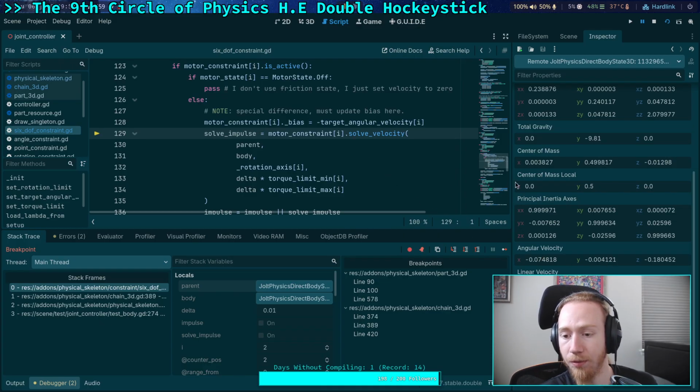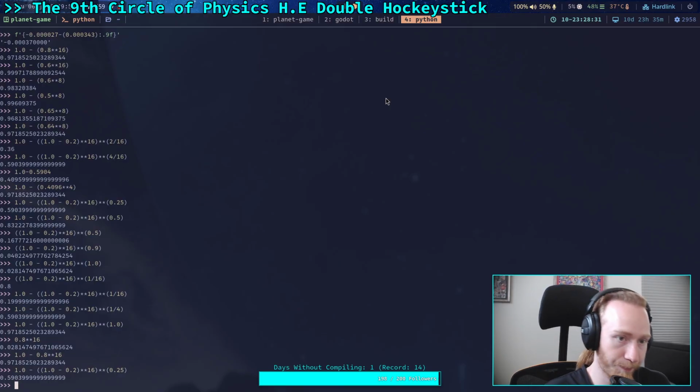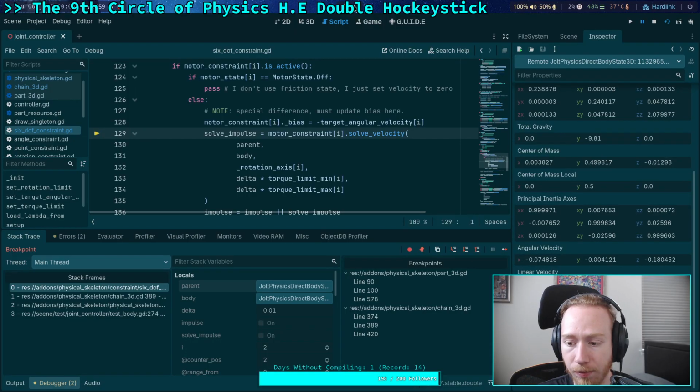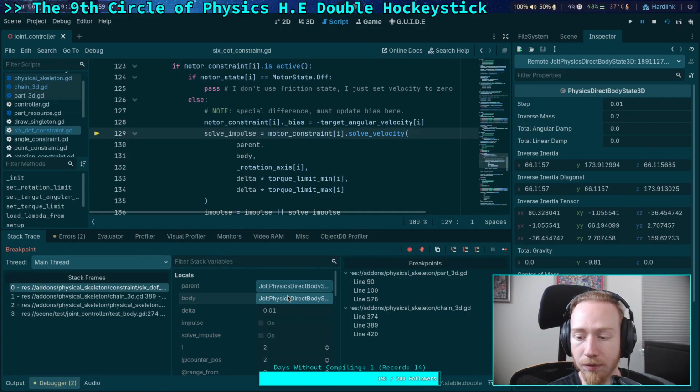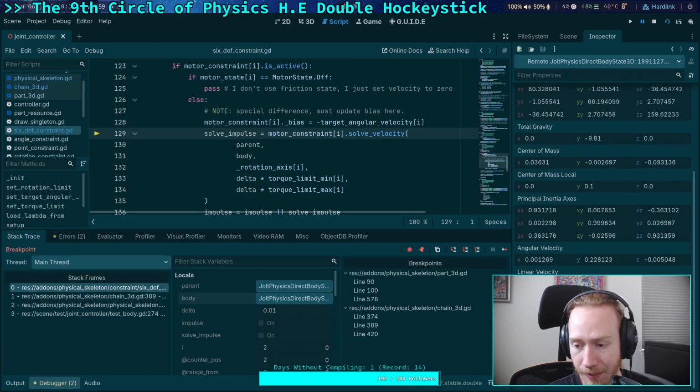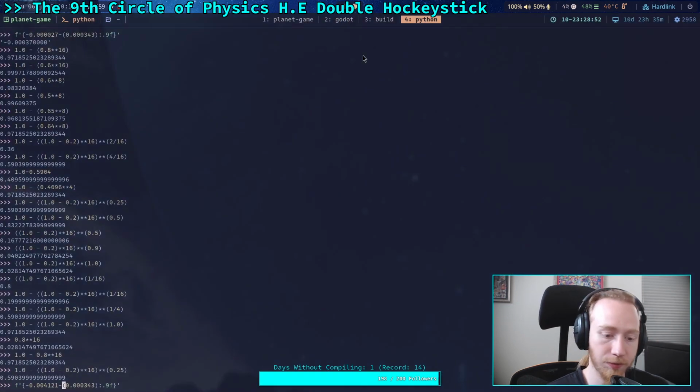Negative 0, 0, or 1, 2, 1. Is parent. Body is positive 2, 2, 8, 1, 2, 3.